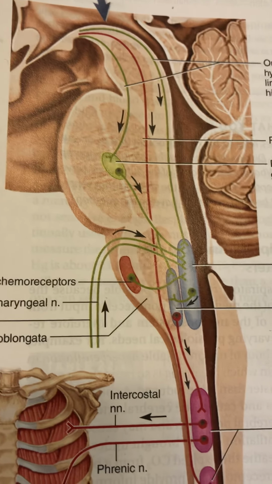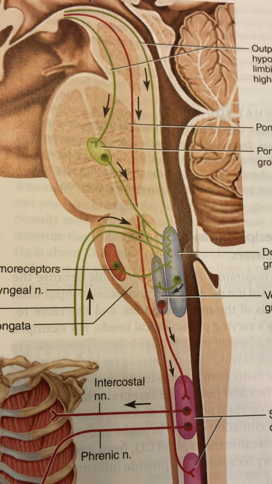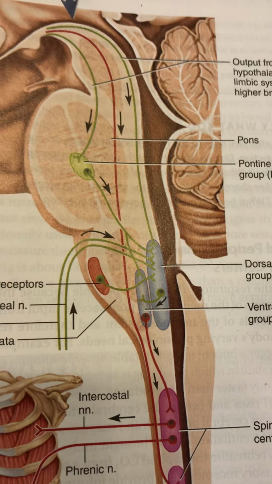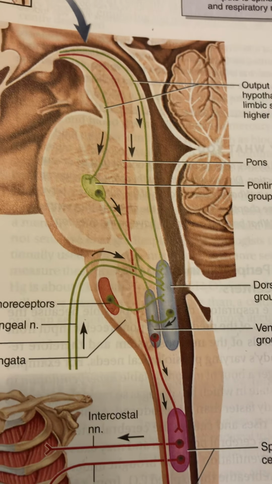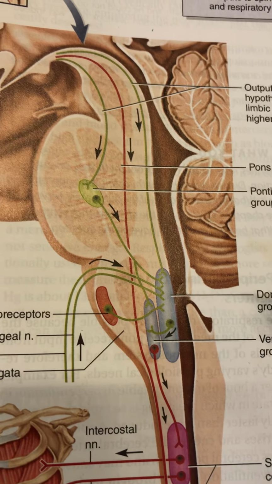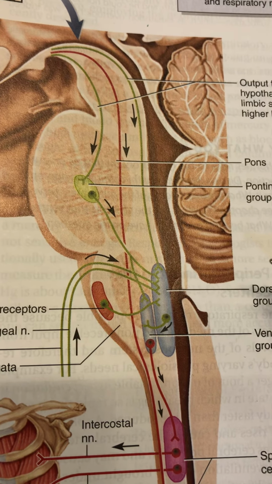formerly called the pneumotaxic center. It modifies the rhythm of the VRG. The pontine group receives input from higher brain centers, including the hypothalamus, limbic system, and cerebral cortex.